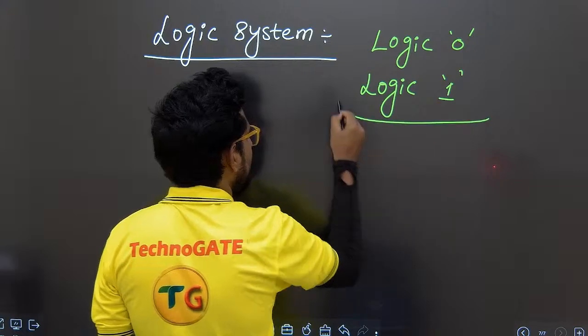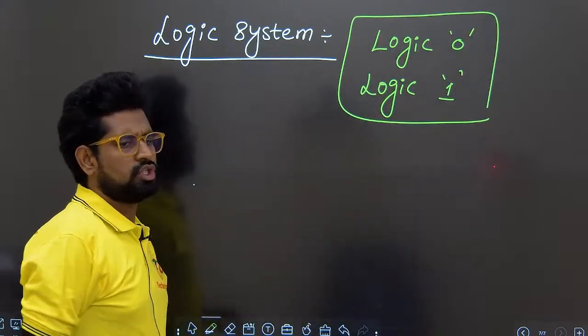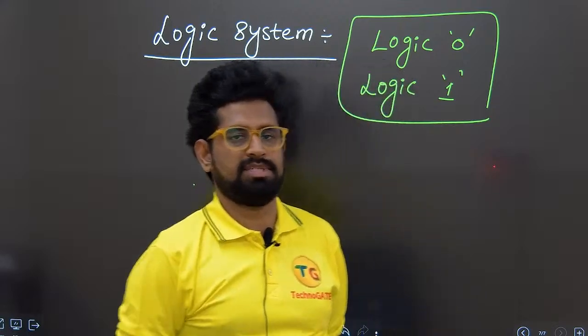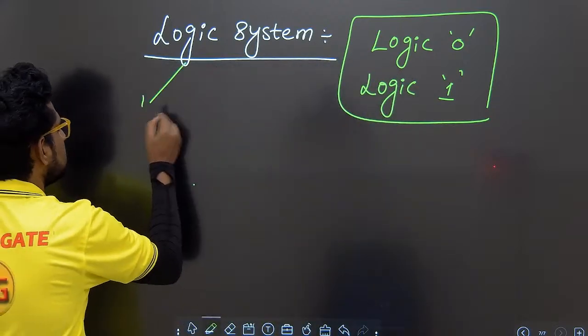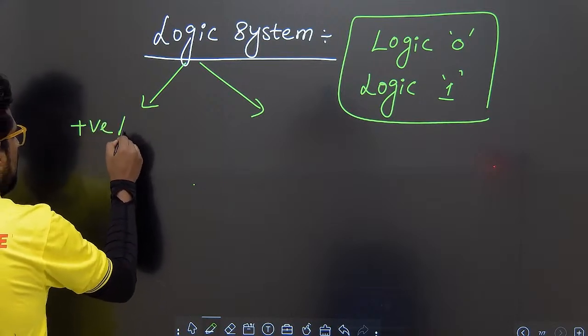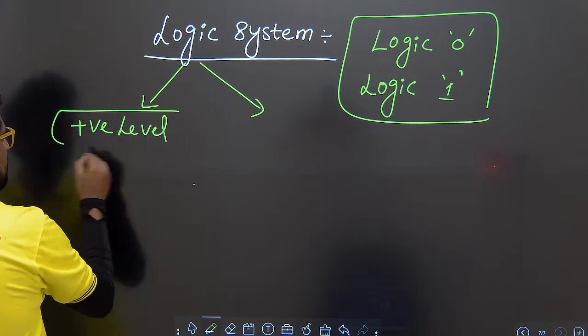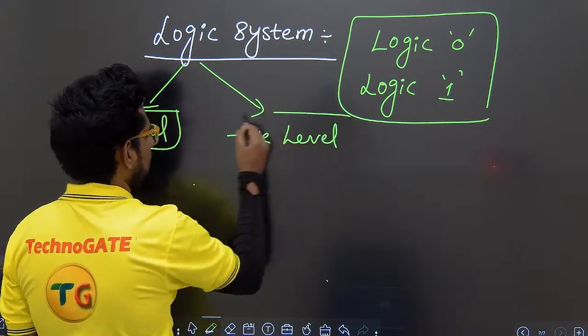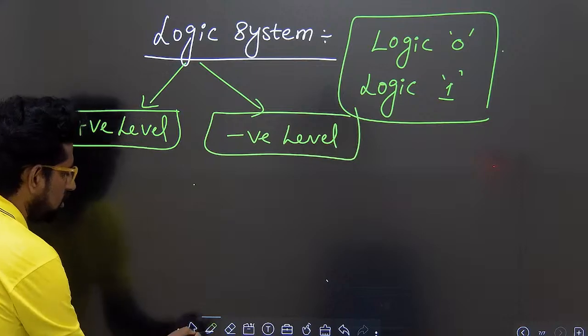These are the two levels we are having. So this logic system is again classified into two types. The first type of logic system we have is positive level logic system, and the second type is negative level logic system.